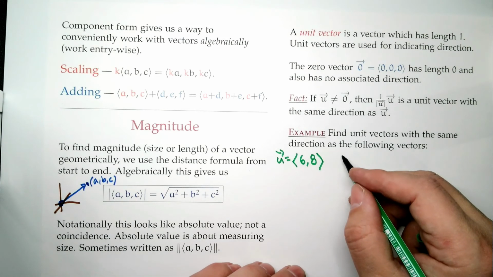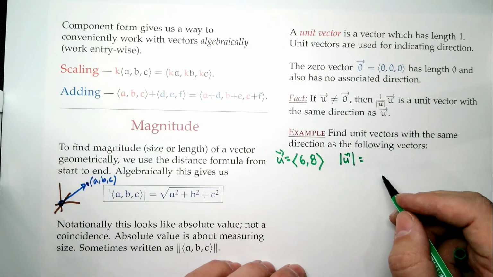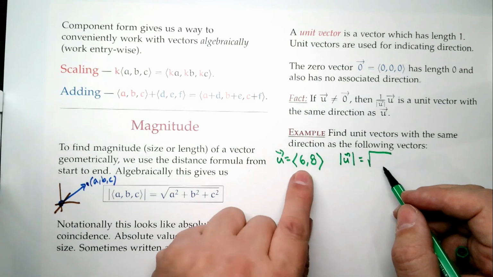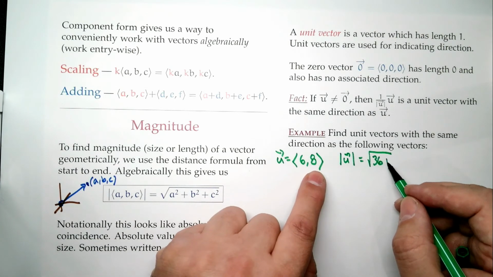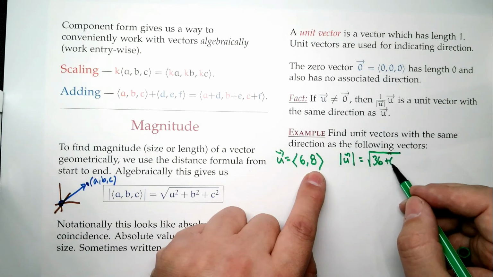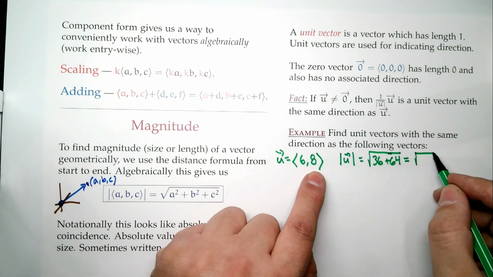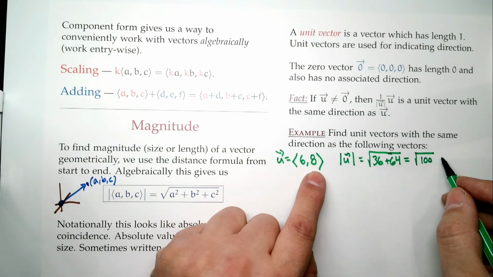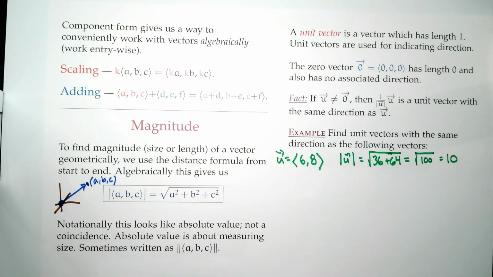Well, what's the current magnitude of this vector? Well, square root of 36, 6 squared, and 64. 36 plus 64 combined together to give me 100. Square root of 100? 10. All right, we were right. It's not a unit vector.